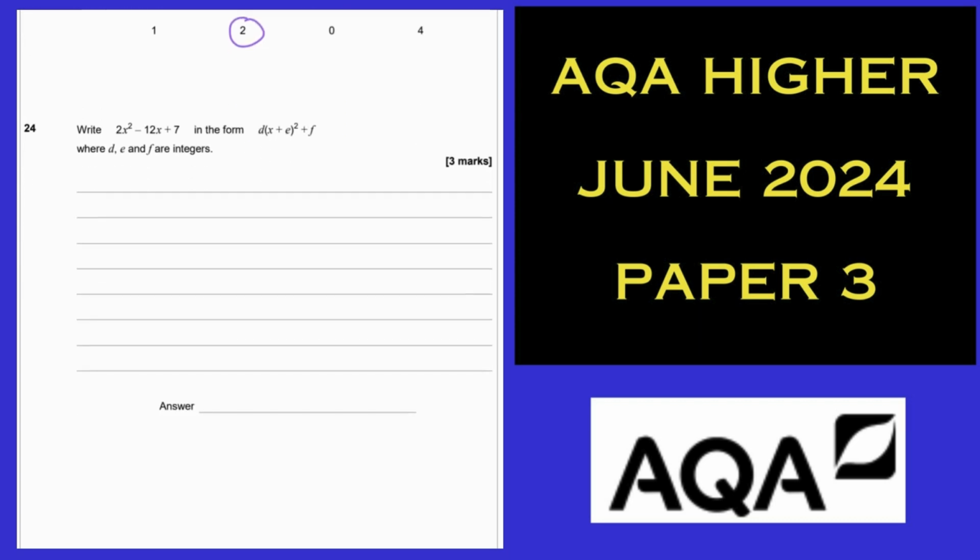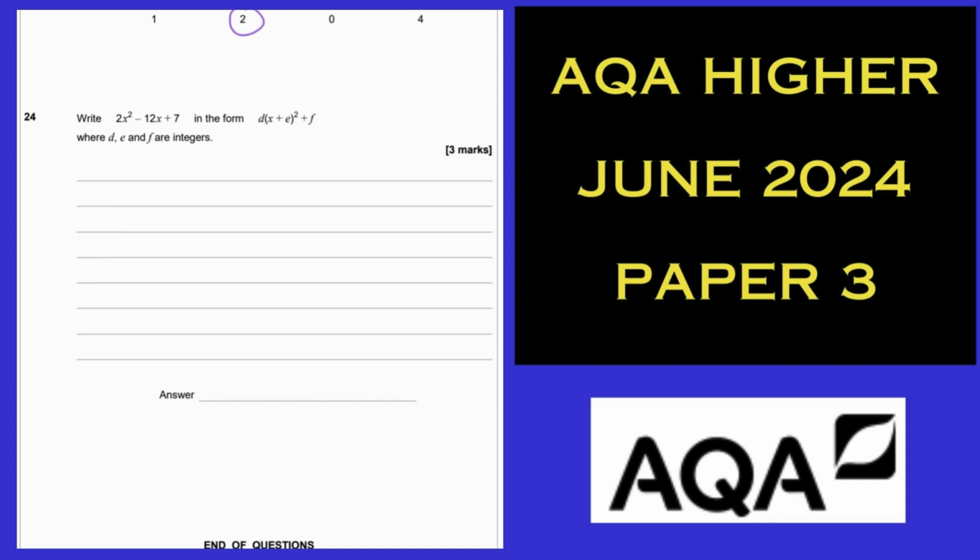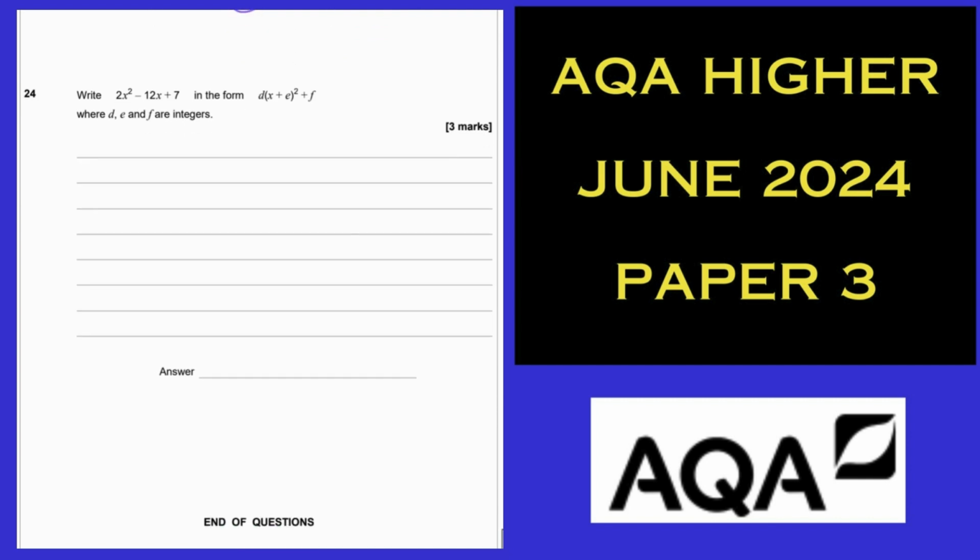And finally, could have been worse, I'll be honest. Not the worst, but not the easiest, completing the square. I only take the 2 out of the x squareds and the x's part. I leave the plus 7 alone. Complete the square inside. So x minus 3 all squared.